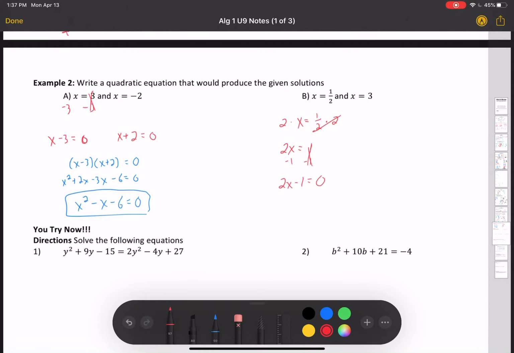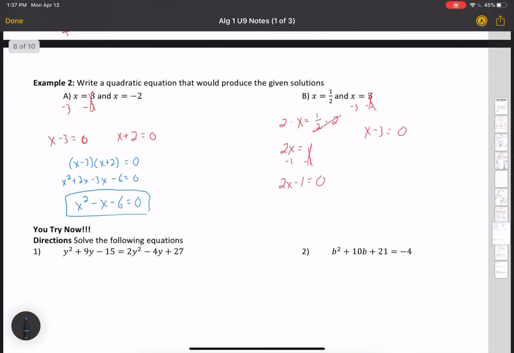X equals 3. That one is a little bit easier. We just have to subtract 3 from both sides. We have x minus 3 equals 0. So now I just take both of my factors. I multiply them together. That's going to have to equal 0. So then if I multiply together, I'm going to get 2x squared minus 6x minus x plus 3 equals 0.